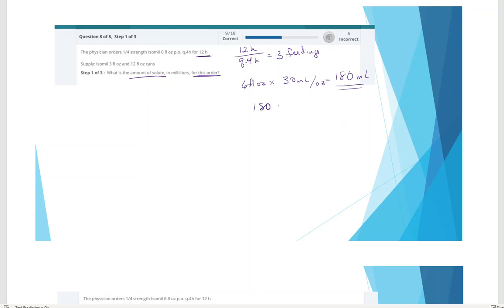Then I want to take my 180 milliliters times 3 for all 3 feedings, and I get 540 milliliters for 3 feedings. So this is my total solution.